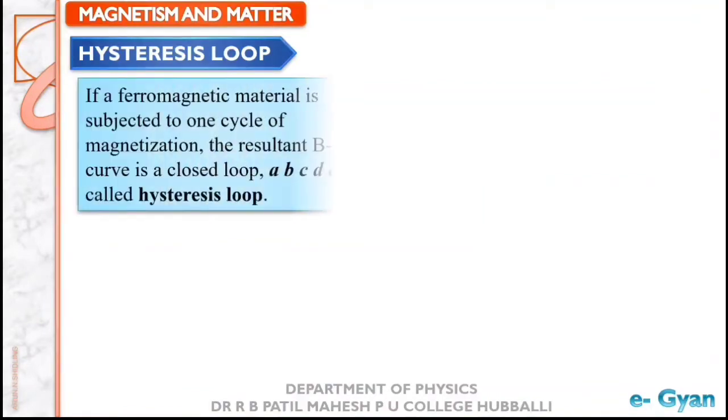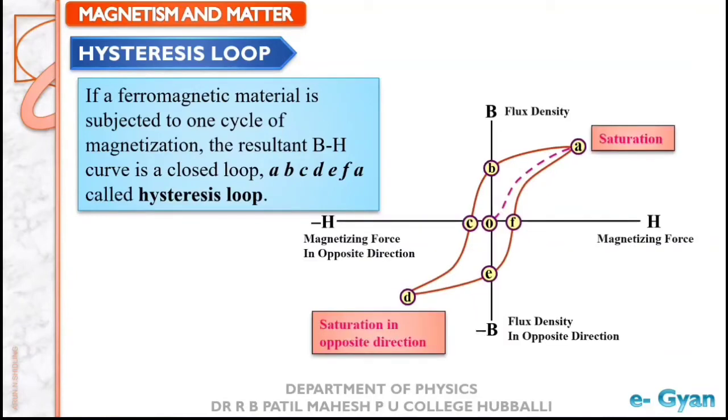So let us now study the hysteresis loop. If we take a ferromagnetic material and subject it to one cycle of magnetization, that means we magnetize it, demagnetize it and again magnetize it in the opposite direction, then the curve of B versus H forms a closed loop, which we denote with A, B, C, D, E, F. That loop is called the hysteresis loop, which we can see here.